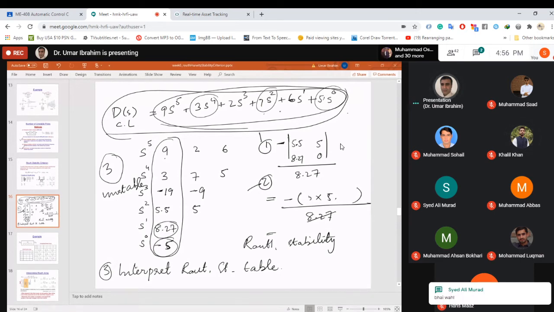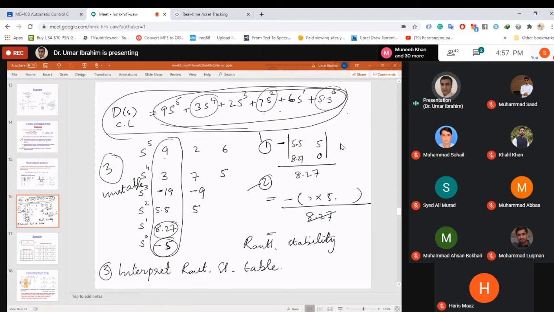Step number 1, find the characteristic polynomial of a closed loop transfer function. 3, interpret the Routh stability table. How do you interpret the Routh stability table? You look at the first column of the Routh stability table values and find out the number of sign changes in that column.